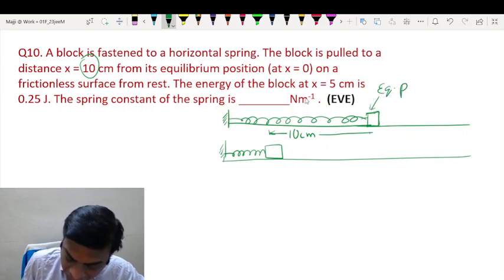And then the energy of the block when x is equal to 5 cm. So when the block is somewhere here, probably I'll draw it in another diagram so that things are clear. So here the block is at rest.